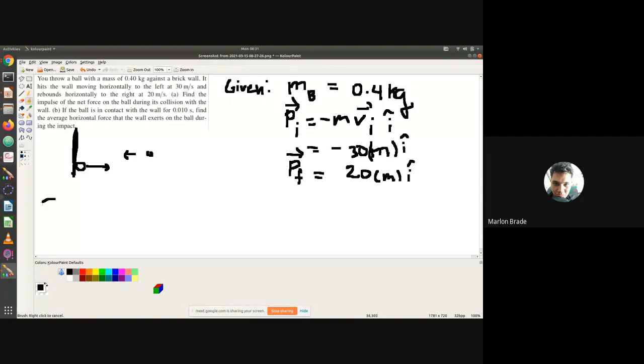So from the definition, letter A. From the impulse-momentum theorem, the impulse J is equal to the change in momentum, P_f minus P_i. This is equal to 20m i hat minus negative 30m i hat.